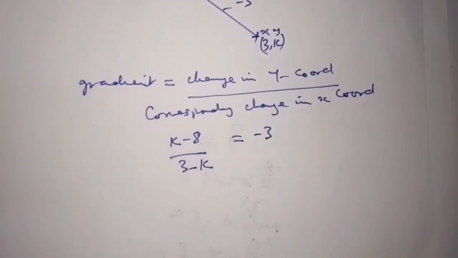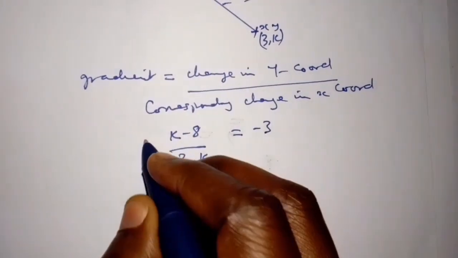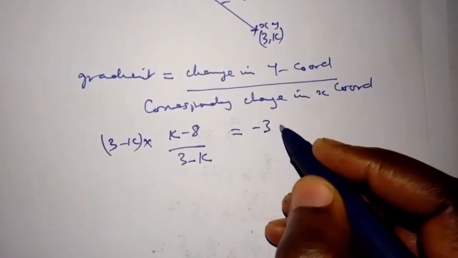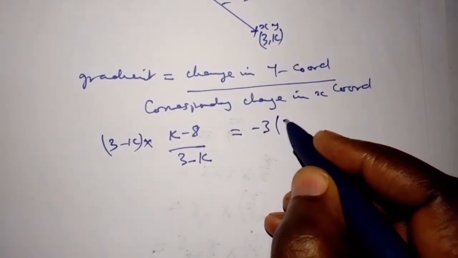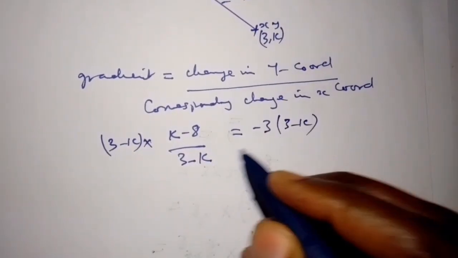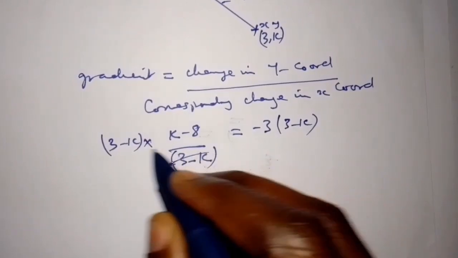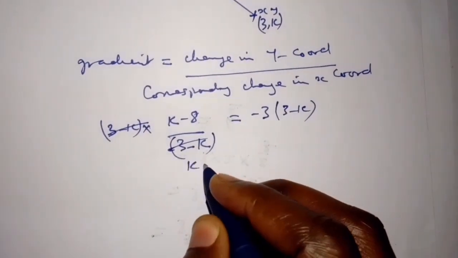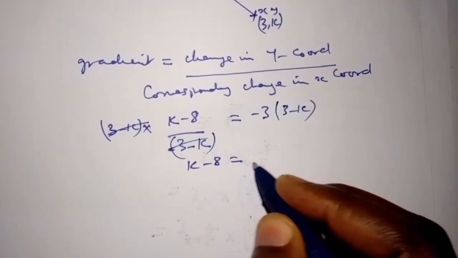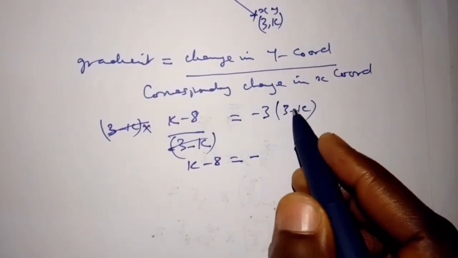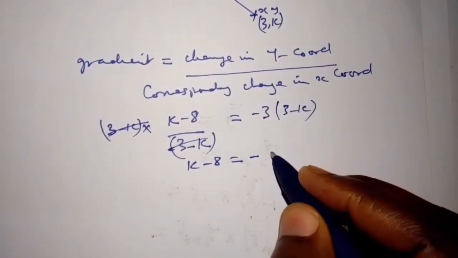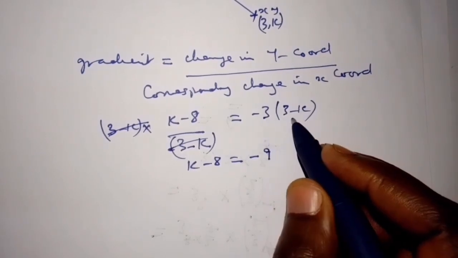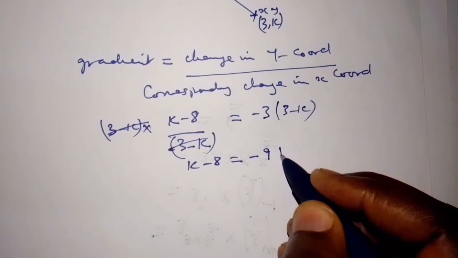We can multiply here by 3 minus k. So this is going to cancel that. k minus 8 is equal to -3 times 3 is -9. -3 times -k is positive 3k.